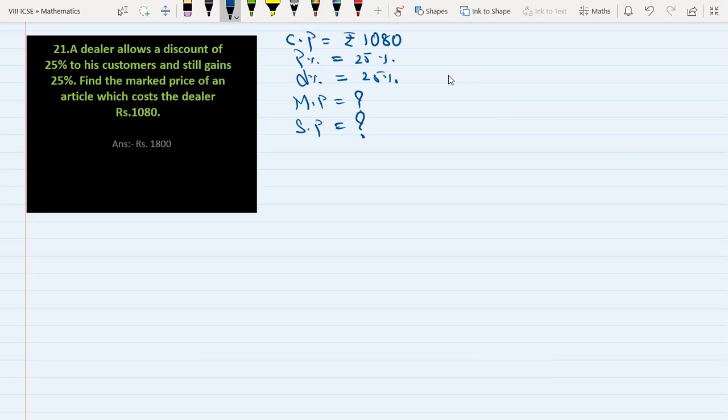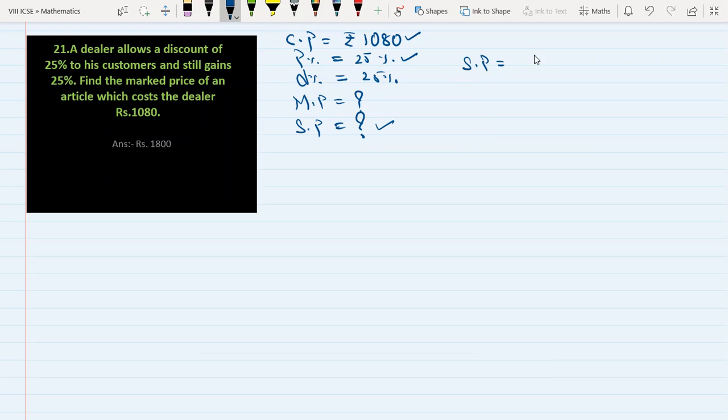Let's do it. Now, it's a matter of 2 formulae. If you remember the formula well, you can solve these kind of questions. Okay, so first, because we have been given cost price and profit percent, and we have to find marked price, before going to the marked price, we'll find the selling price. Remember the formula from the second part of the chapter.